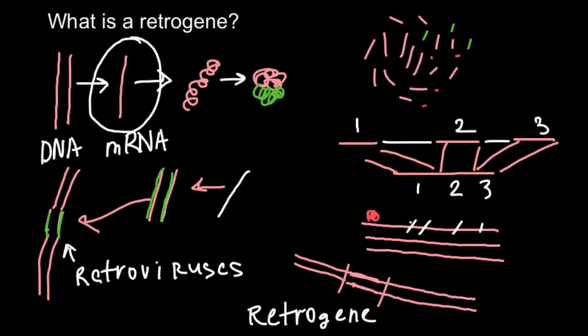Now about the importance of retrogenes. Nowadays scientists have sequenced the genomes of many mammals, and they have found that mammals have about 20% of genes that represent retrogenes, or genes that don't have introns. This is very important for evolution.